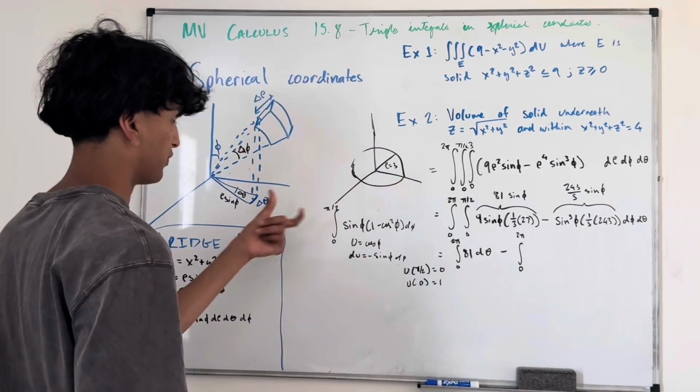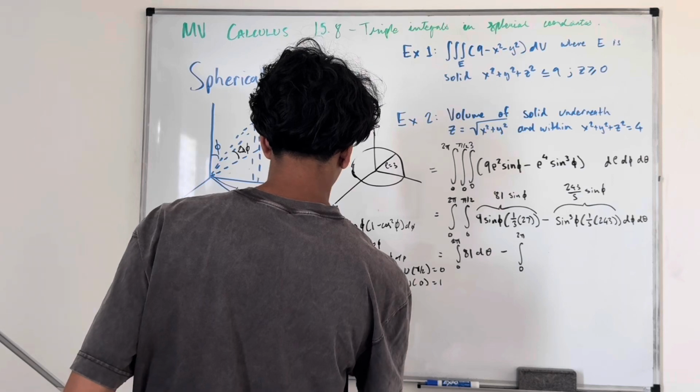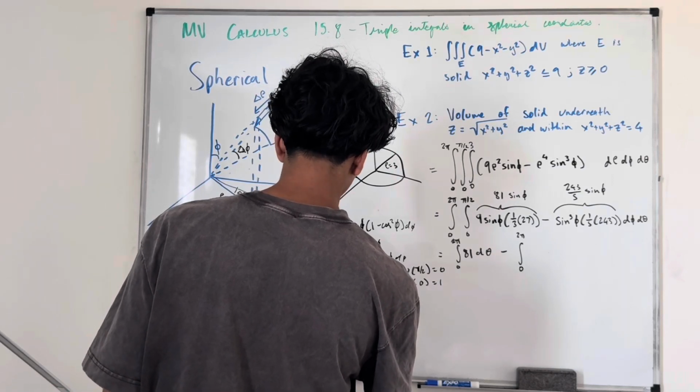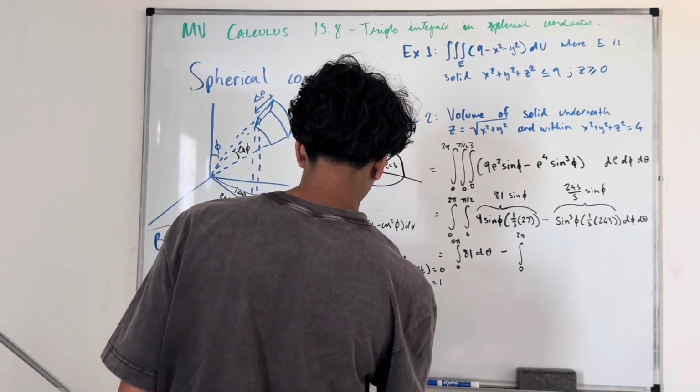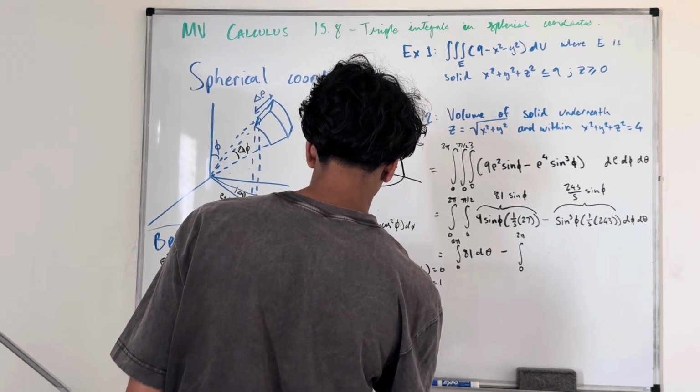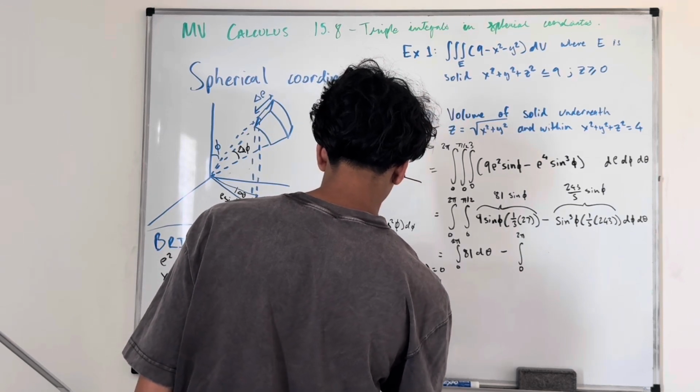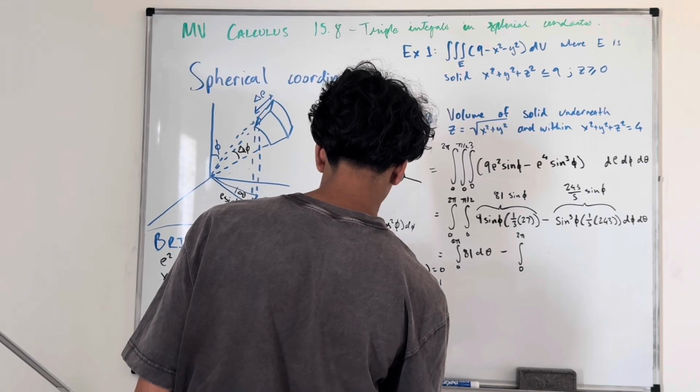The negative would flip the bounds, so I would get the integral from 1 to 0 of 1 minus u squared du. This would be u minus 1/3 u cubed from 1 to 0, so I actually get 2/3.